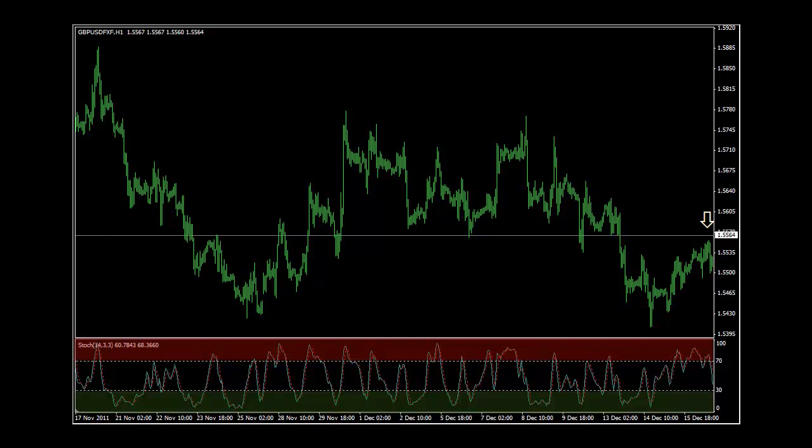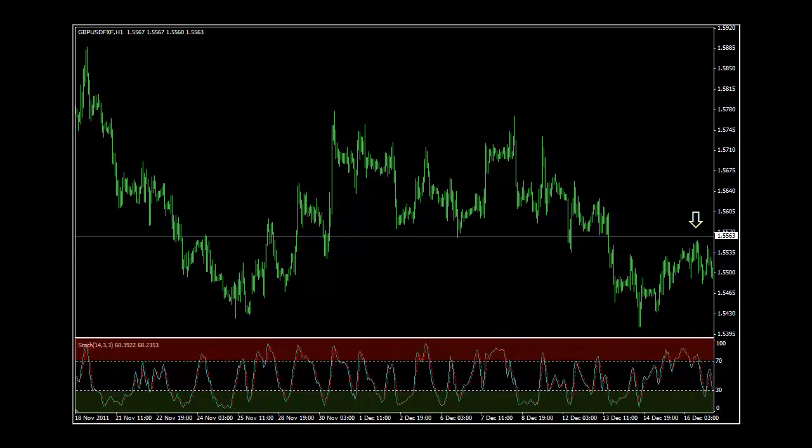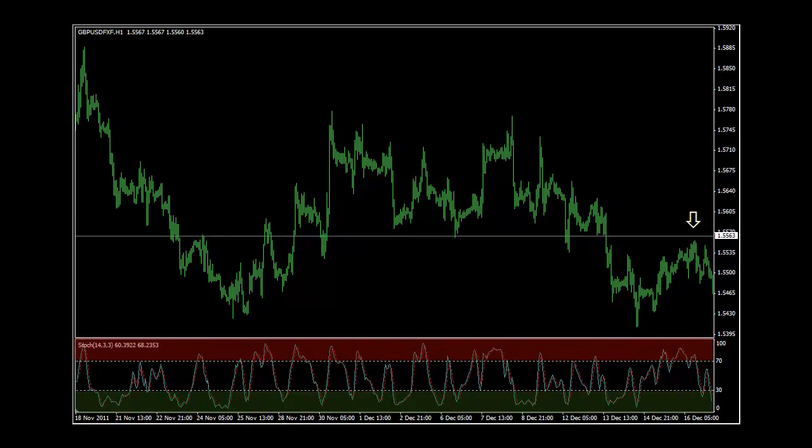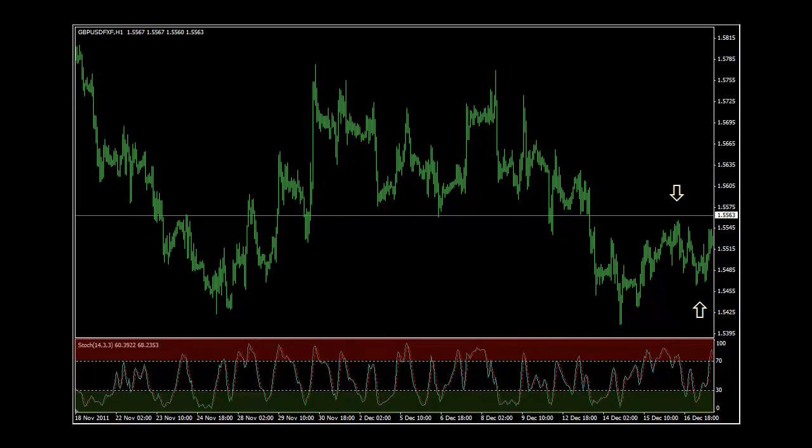One would reasonably expect to see a drop down in price, and we're going to scroll through overbought, oversold readings as we go through. Okay, now we're oversold, so we would expect to see a bounce higher in price.